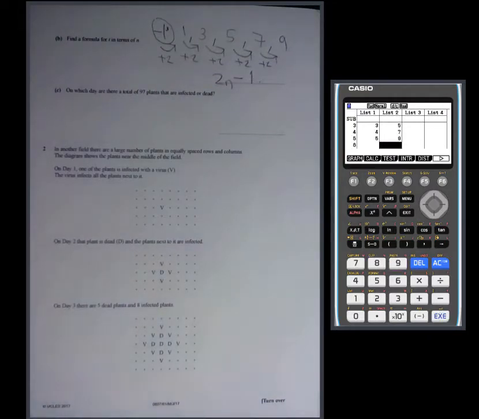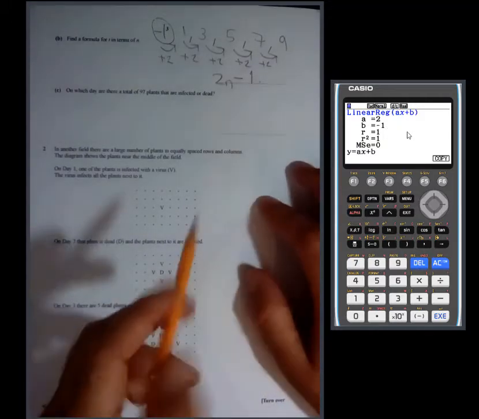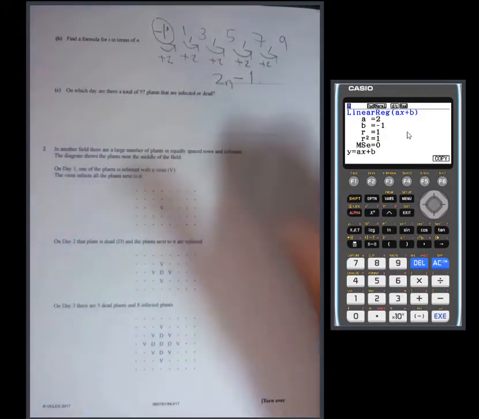If I just do that, and then I go to calc and reg for regression, and I know it's linear, that's the ax plus b regression, and it tells me it's 2x minus 1. Well, we didn't have an x, we had an n, so it's still 2n minus 1.